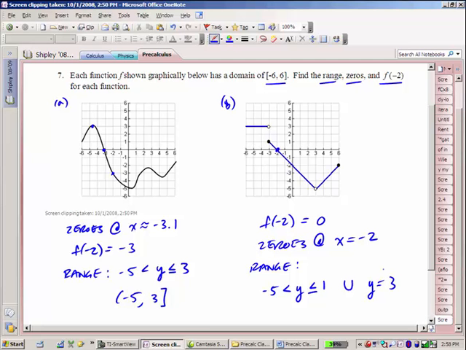Now, someone's going to argue, but wait, there's an open circle here. It doesn't include 3, right? But look, it does include 3 in all these places.